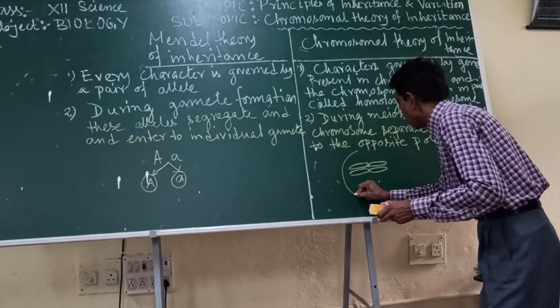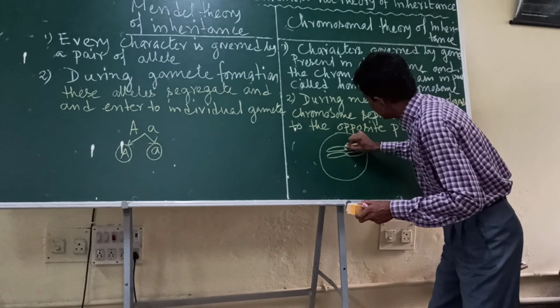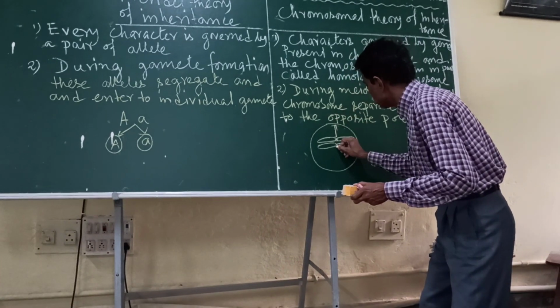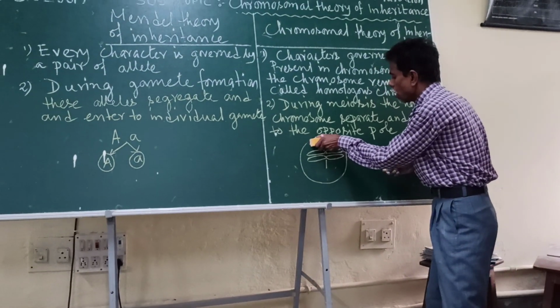Now, during gamete formation, this will reach this pole, and this will reach this pole. So what will be the ultimate fate?